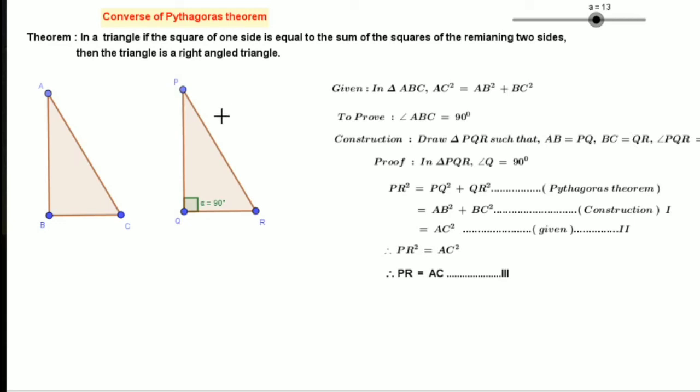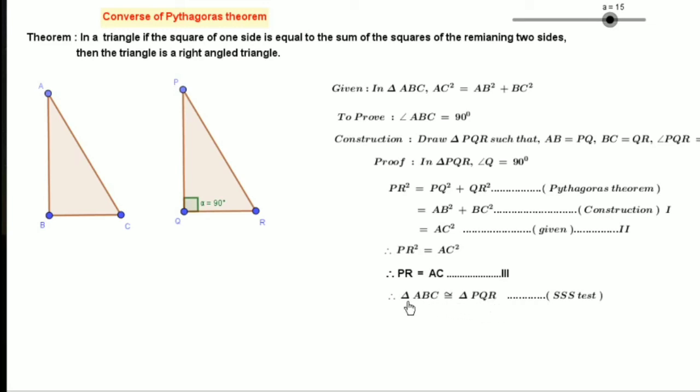So three sides of triangle PQR are congruent with the corresponding three sides of triangle ABC. It means that triangle PQR and triangle ABC are congruent by the side test of congruence of triangles. Triangle ABC is congruent with triangle PQR.